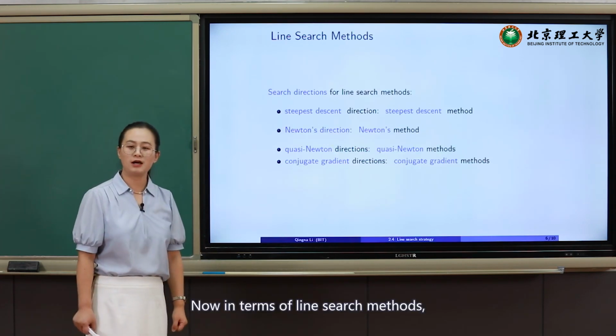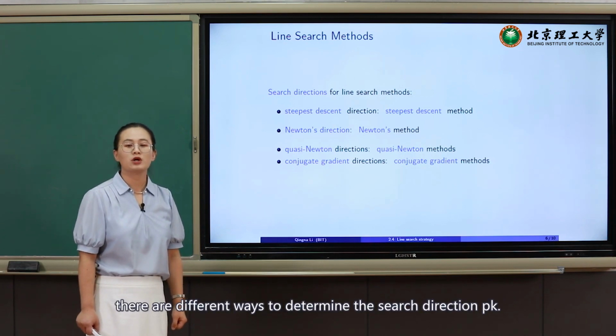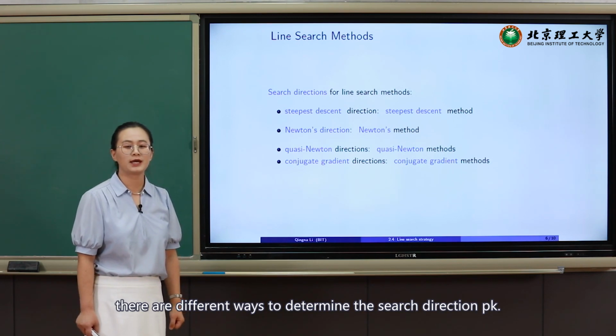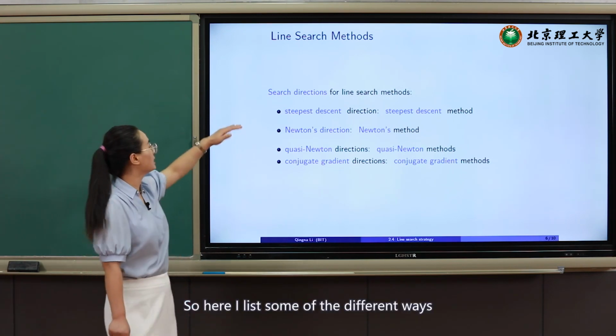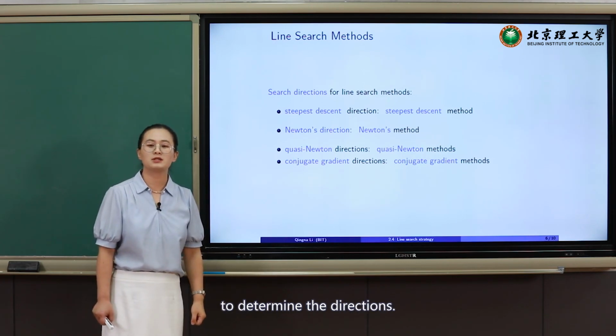Now, in terms of line search methods, there are different ways to determine the search direction, pk. Here I list some of the different ways to determine the directions.